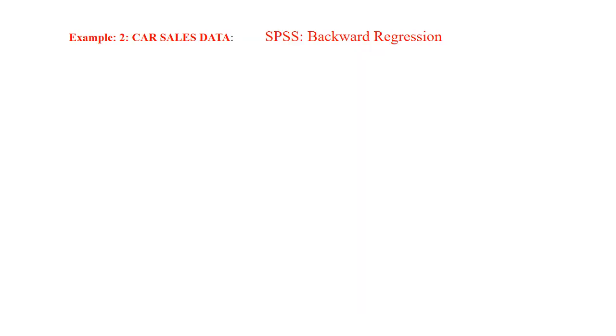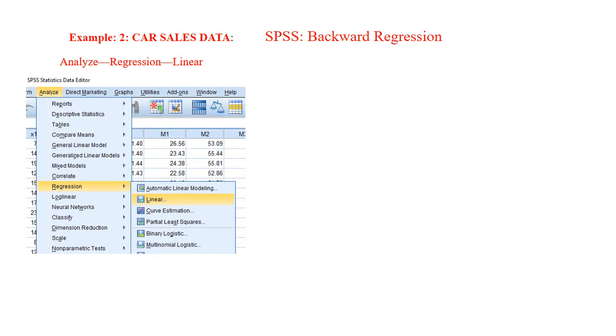Here you can see the backward regression procedure using SPSS, how to calculate it for the car sale data. Here: analyze, regression, linear, as earlier. Once you click linear, you have to select the variables, related statistics and backward.